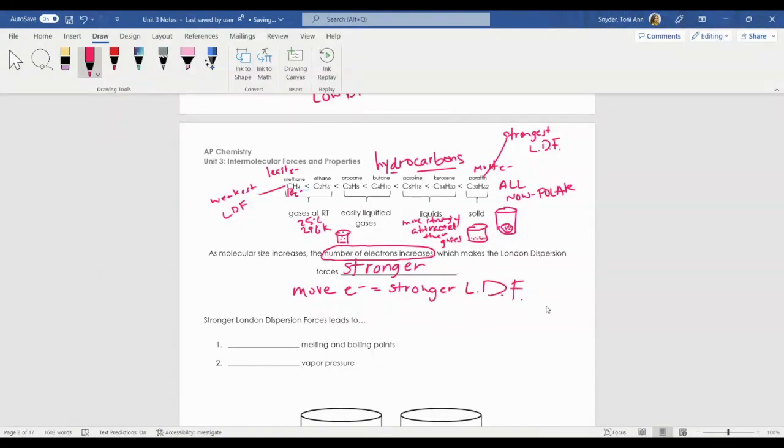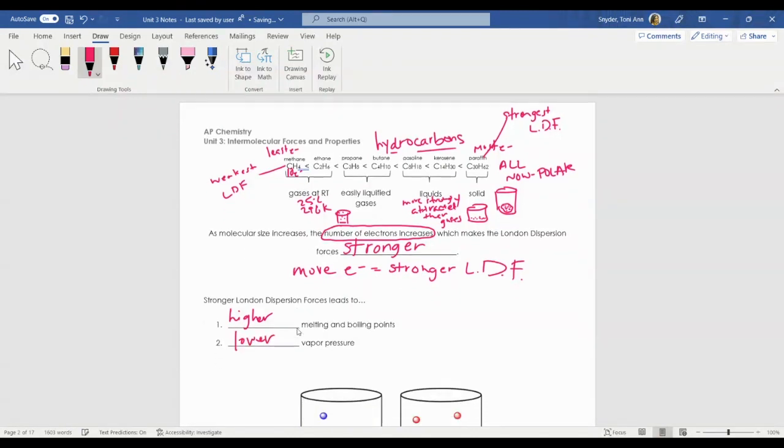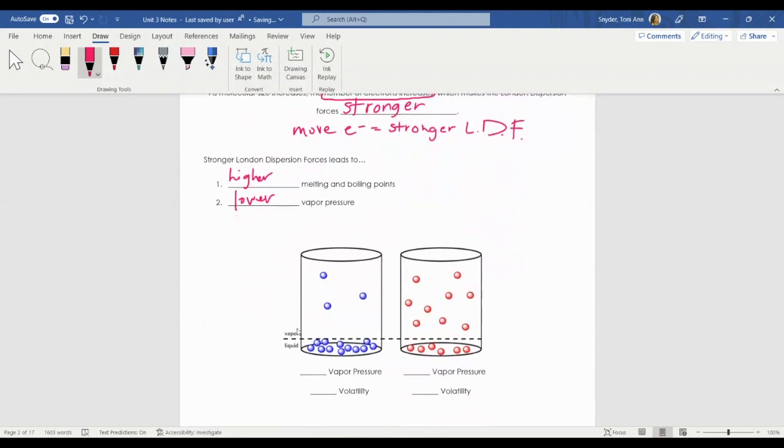And what do these stronger London dispersion forces lead to? Well, as we saw already, these do lead to higher melting points and boiling points. But these also lead to a lower vapor pressure. So let's talk about what vapor pressure is here for a second.